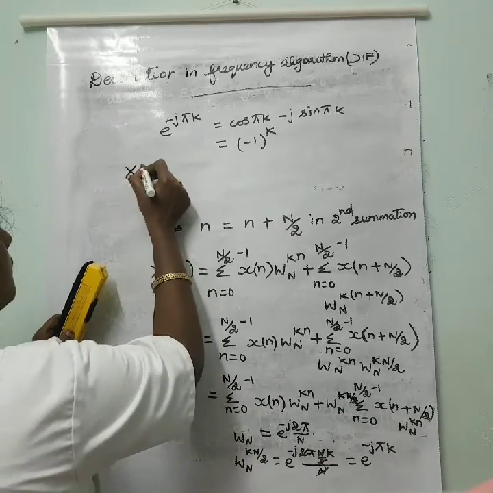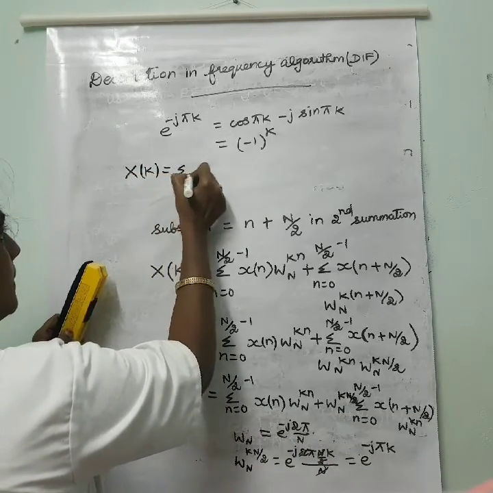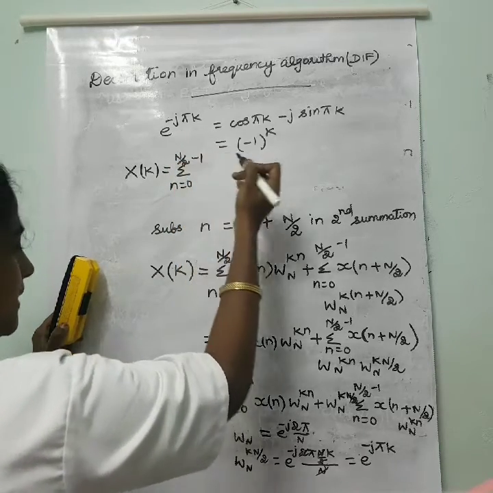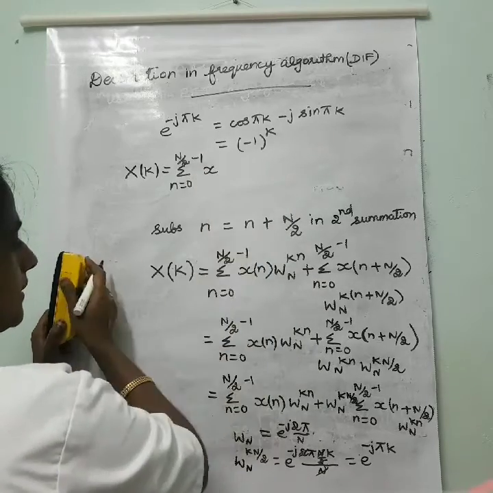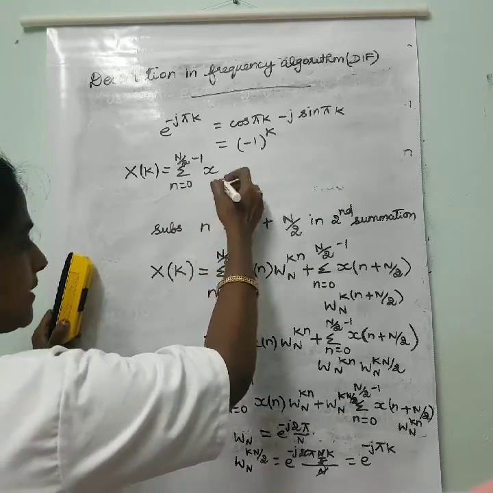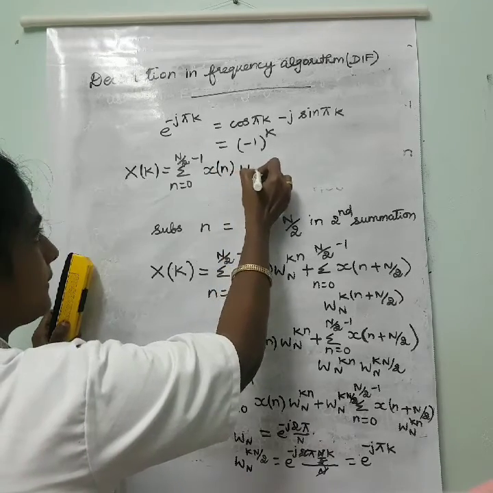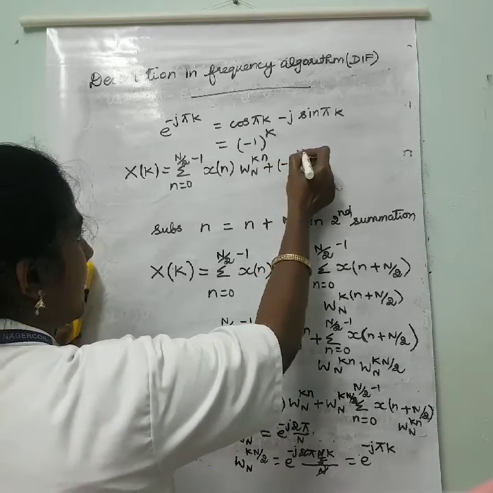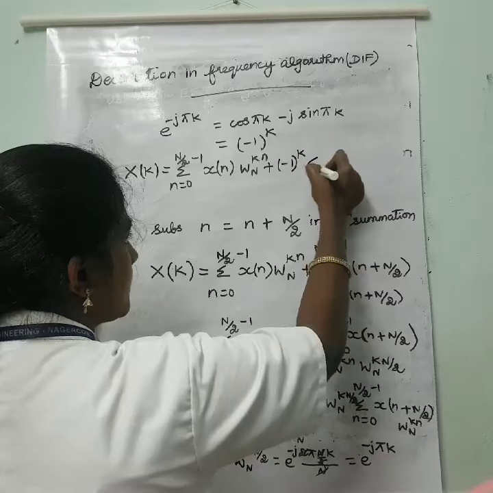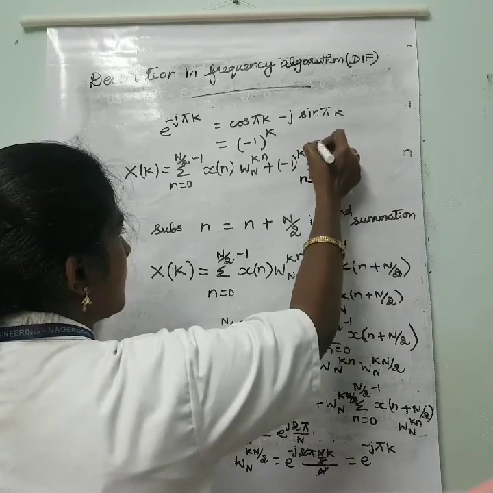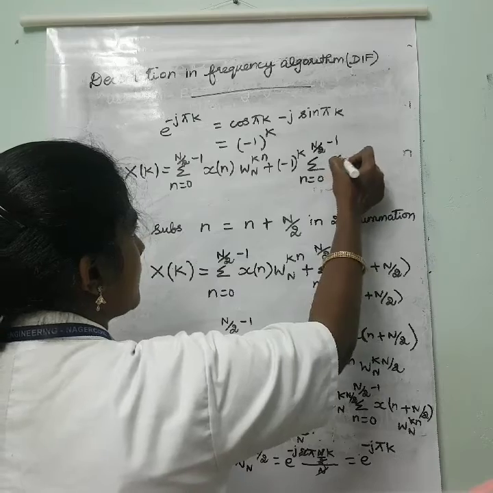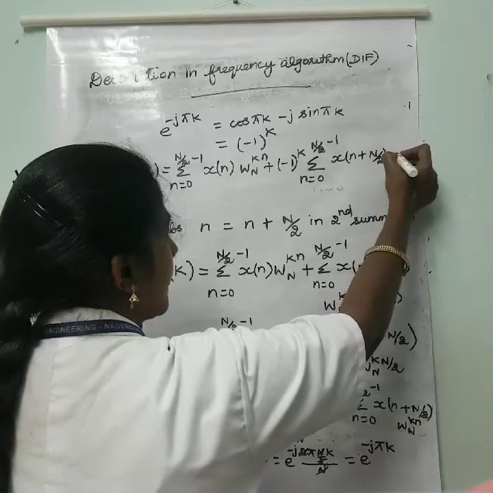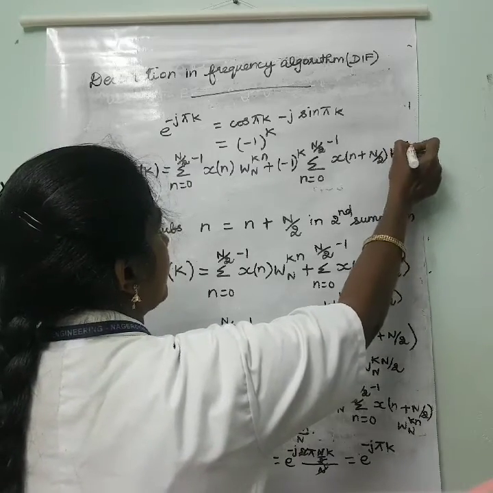So, you will get X of k is equal to summation n is equal to 0 to N by 2 minus 1 of x of n into W_N power kn, plus minus 1 power k into summation n is equal to 0 to N by 2 minus 1 of x of n plus N divided by 2 into W_N power kn.